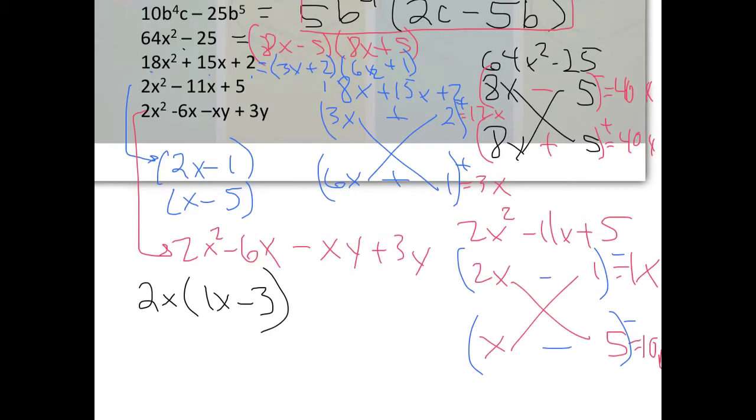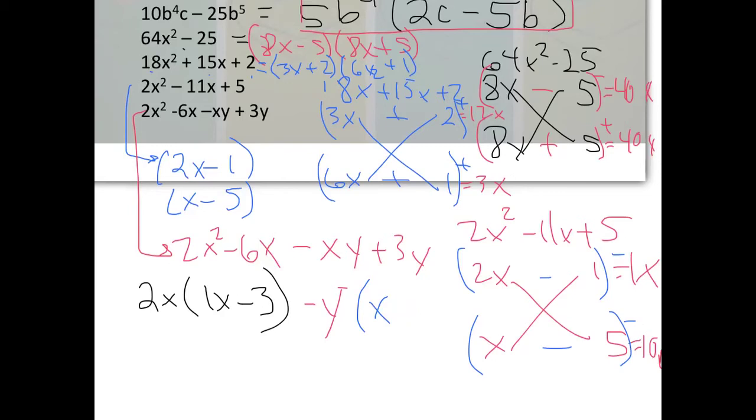Well, I'm going to drop this negative sign here. And I see that they have a y in common. So I'm going to factor that out, which means I'm going to divide both of these by y. So xy divided by y is just x. And, oops, made a mistake.